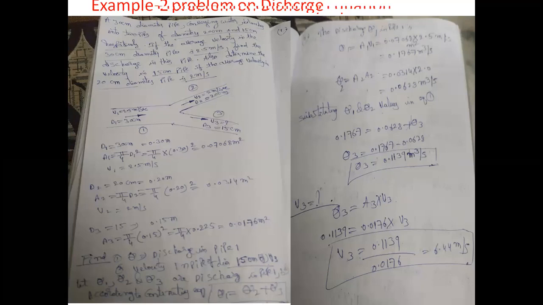The problem: a 30 centimeter diameter pipe conveying water branches into two pipes of diameters 20 centimeters and 15 centimeters respectively. If the average velocity in the 30 centimeter diameter pipe is 2.5 meter per second, find the discharge in this pipe. Also determine the velocity in the 15 centimeter pipe if the average velocity in the 20 centimeter diameter pipe is 2 meter per second. Here we have three pipes with different diameters.